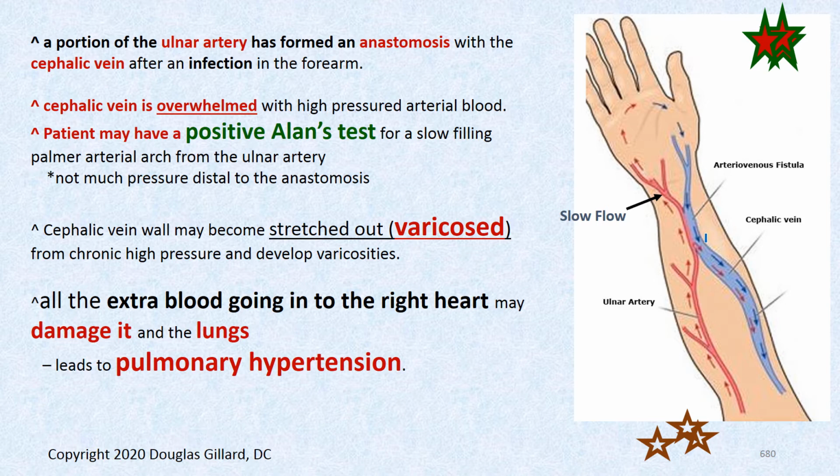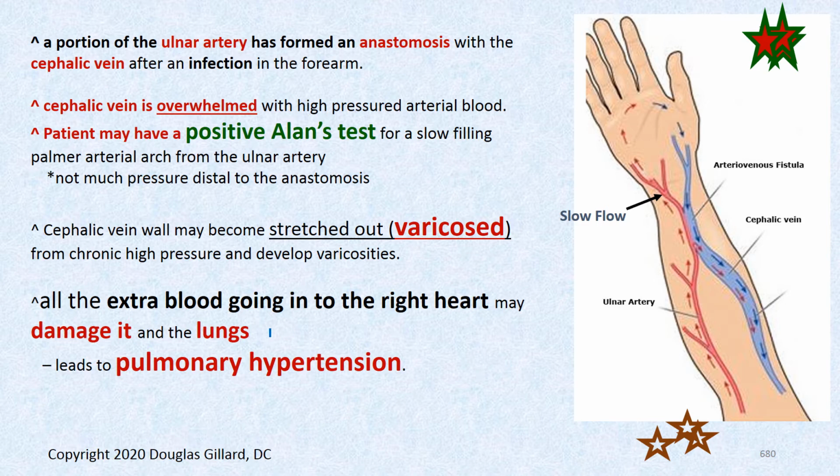But yeah, so the vein is all stretched out, and how would the modified Allen's test, or the Allen's test for that matter, do? It wouldn't be that good because a lot of the arterial blood is kind of dumped out, so you don't have good blood flow going down to the ulnar artery.